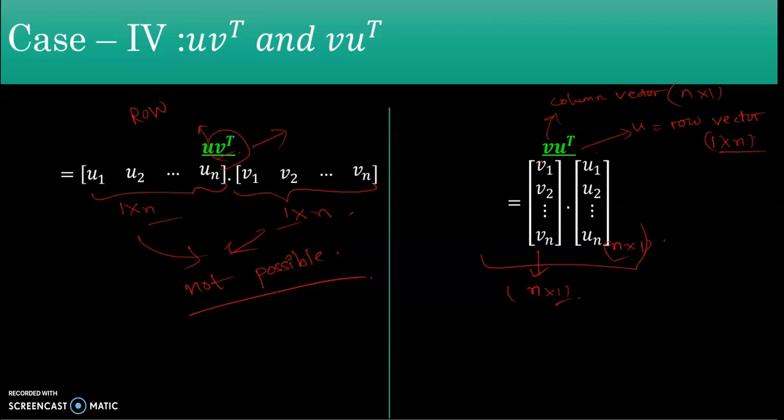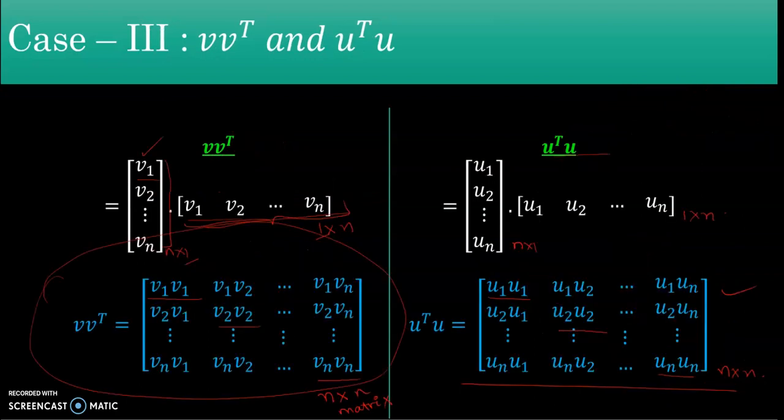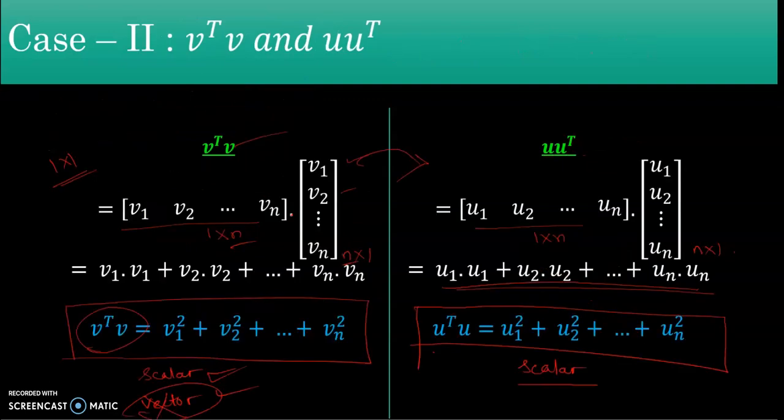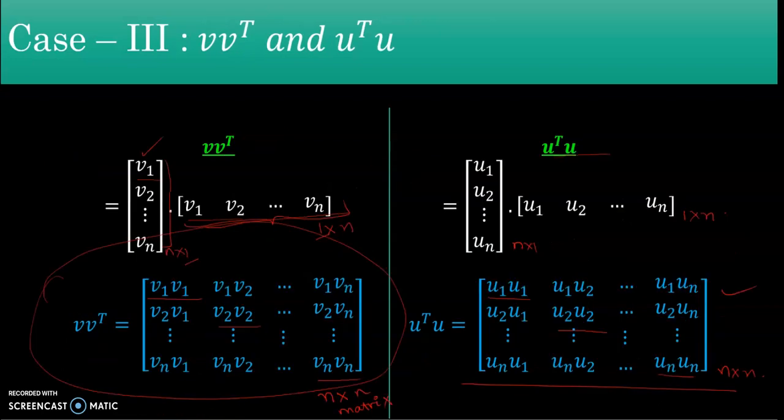The column and row do not match, so the multiplication rule fails here too. Multiplication is not possible, and the result does not exist for this case. So we have considered all four cases, out of which we have gotten a scalar result in some, and a matrix result in the others.